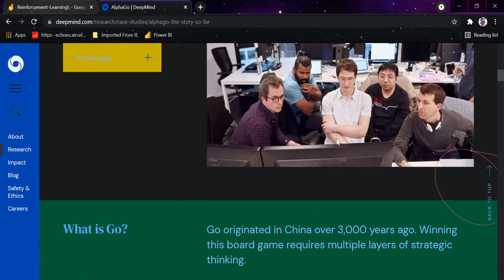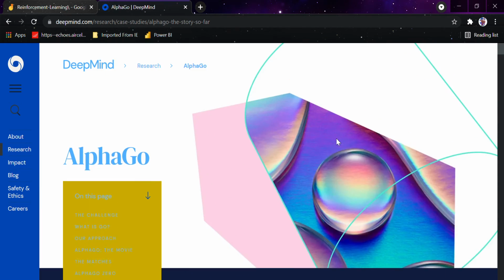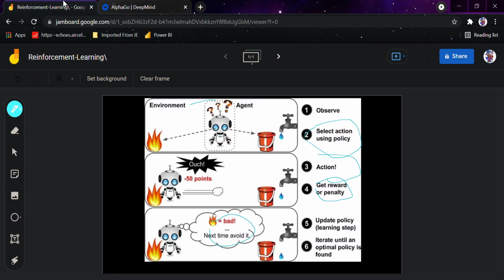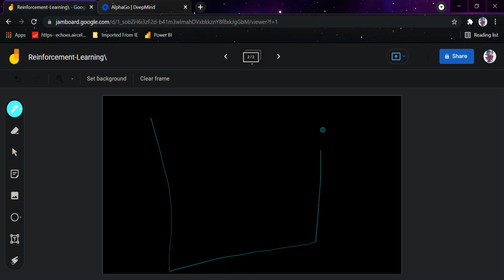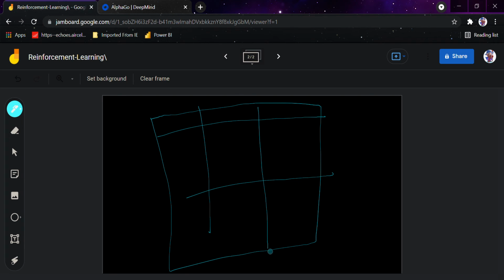They trained the AlphaGo model on that board game millions and millions of times. It learned its winning policy by analyzing millions of games and then playing many games against itself. Suppose this is the game, where all the pieces are put up; exactly how the game is played I don't know, it's a board game.